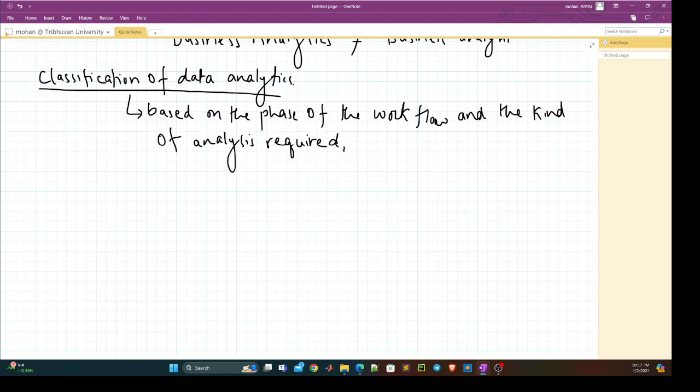And there are four major types of data analytics.